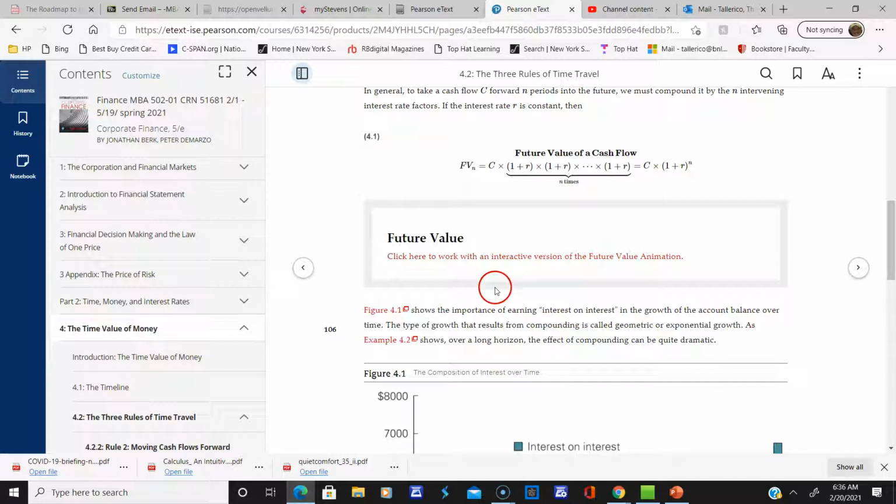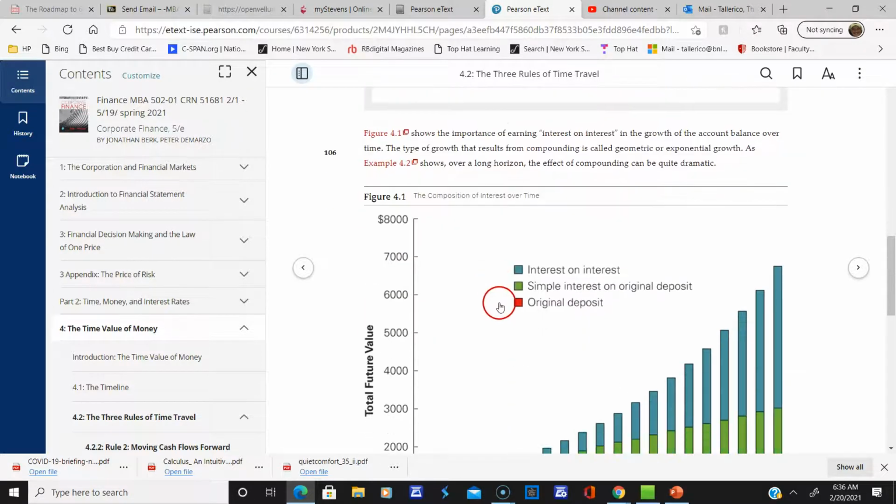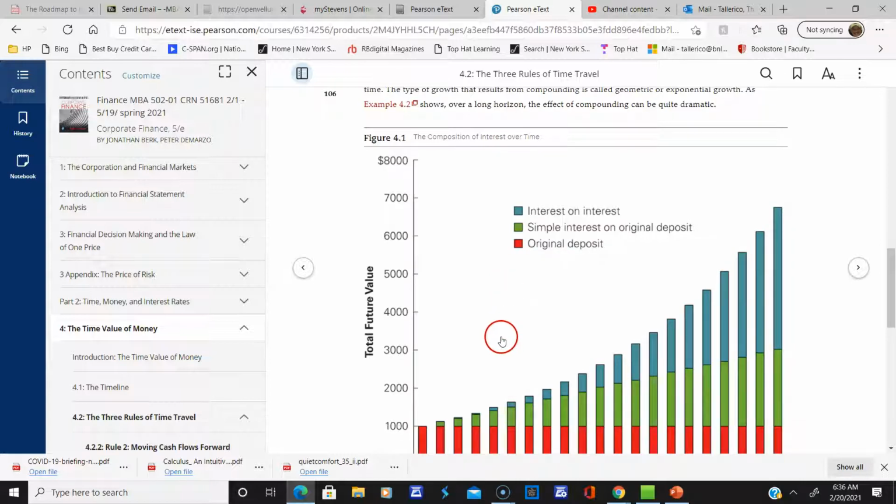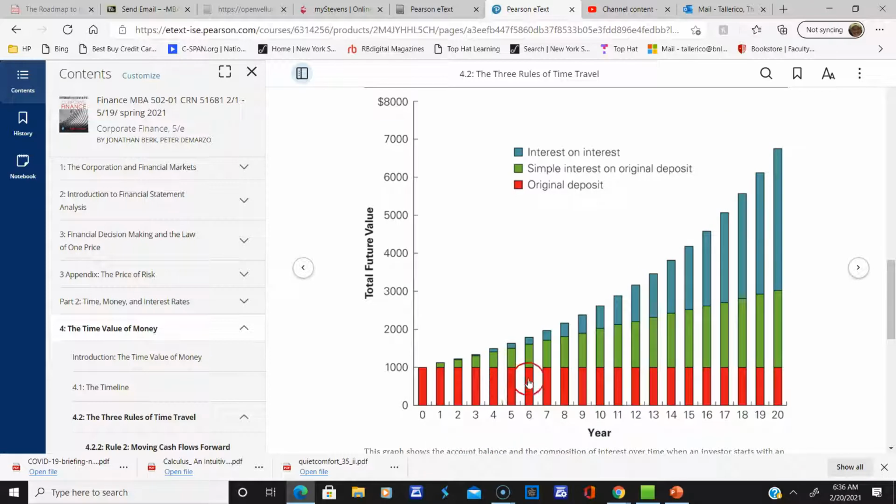All right, so here's a graph, and this is the composition of interest over time. Here's your initial deposit. And here's the simple interest on the original deposit. You can see this green is the simple interest on the original deposit, and this is the interest on interest.